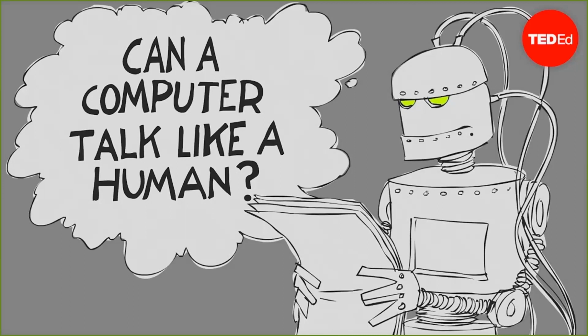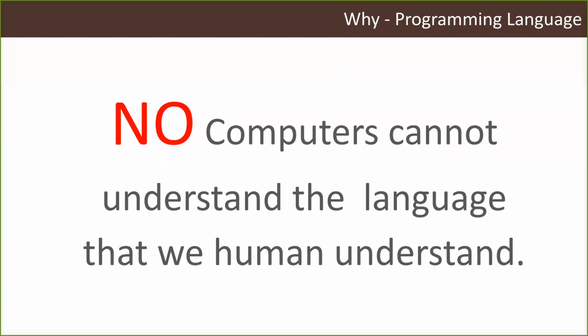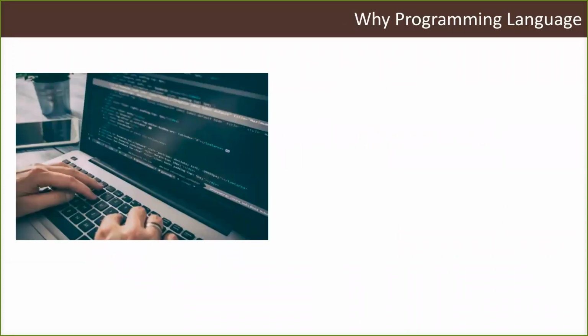So, can a computer talk like a human? No, it cannot, right? Computers cannot understand the language that we humans understand. So we need to have a common point, okay? We need to have something that we can also speak, or let's say write, and that is something that computers can also understand. So that's how it comes into the picture. That's when we need a programming language, okay?